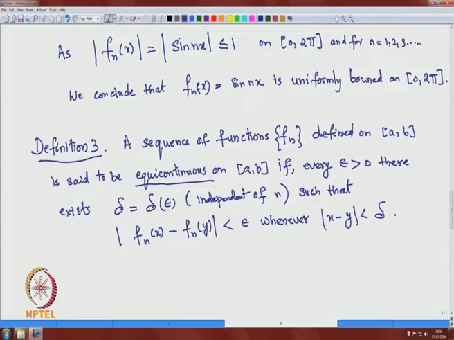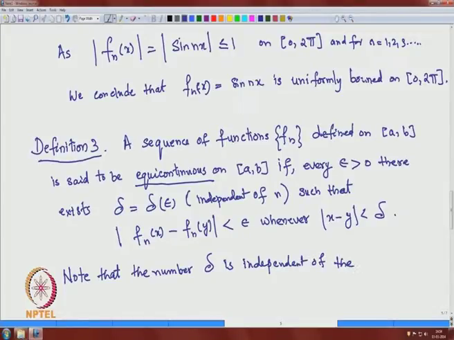So, note that the number delta is independent of the choice of function from the sequence.